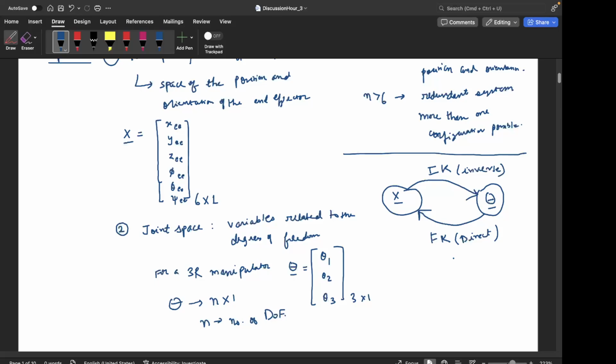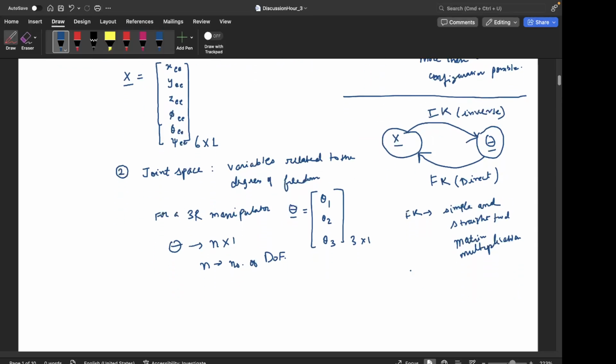In control algorithms, basically we make use of both these expressions and relations, but in general the FK problem is simple and straightforward. It's just matrix multiplication. And inverse kinematics is trickier, right?